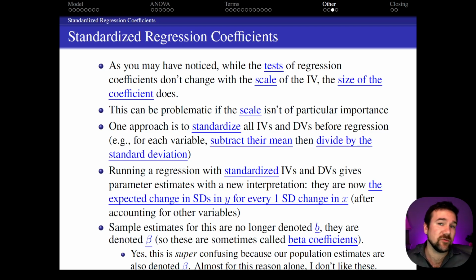It's confusing when reading reports when people try to do this. It's confusing when reading reports when people don't try to do this, and they talk about beta, and you wonder, are you talking about these beta coefficients from standardized regression, or are you talking about the population coefficients? I don't know. I hate it a lot.